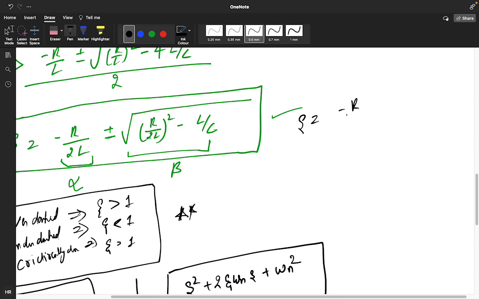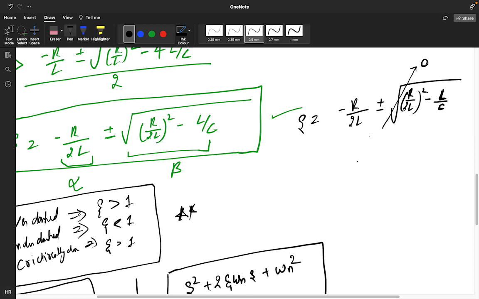s equals minus R by 2L plus minus root under (R by 2L) the whole square minus L by C. So what I want to say is, when will this term be 0?